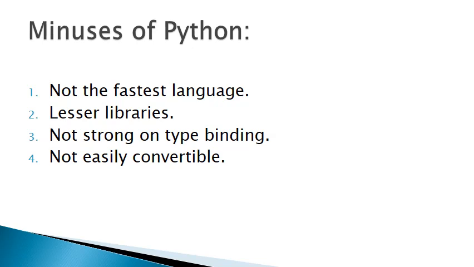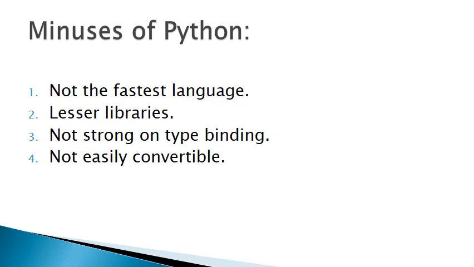Not strong on type binding means, as you know, in Python, variables don't have any data type. Whatever value we assign to any variable, it becomes of that data type. So we can say it is not strong on type binding. Next, not easily convertible.